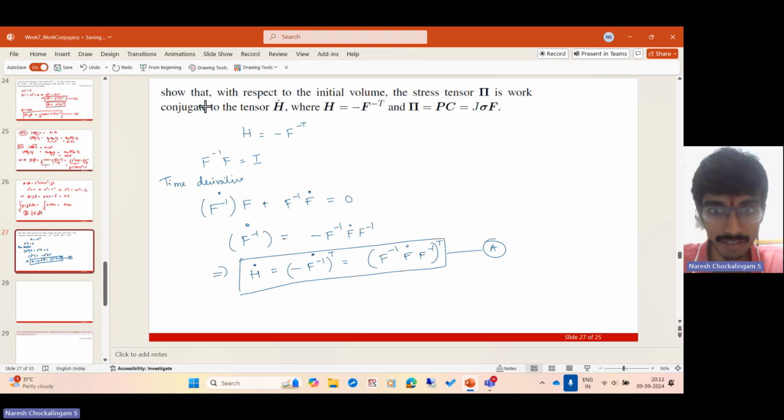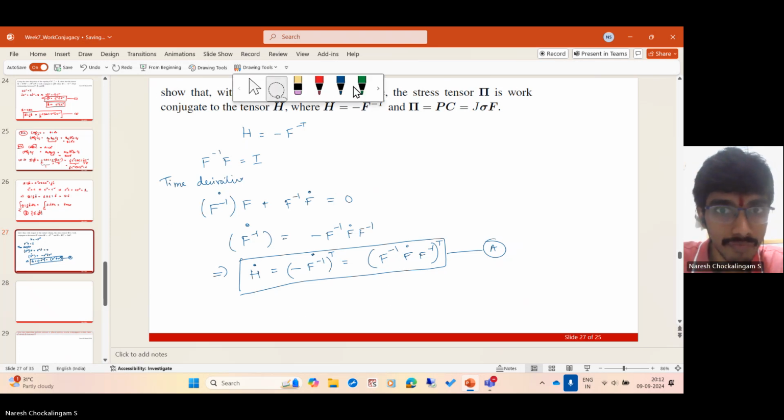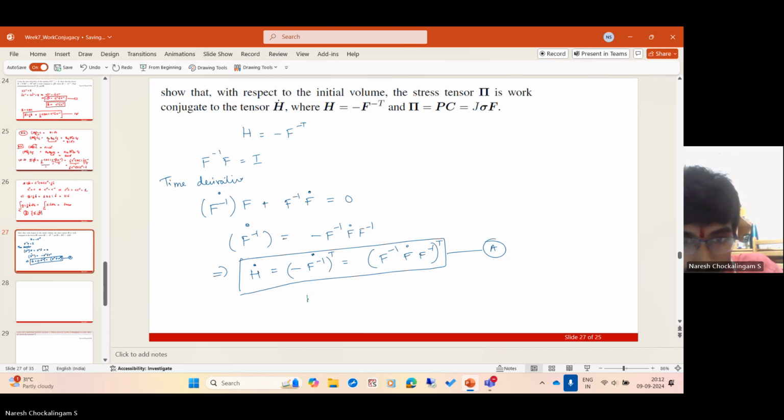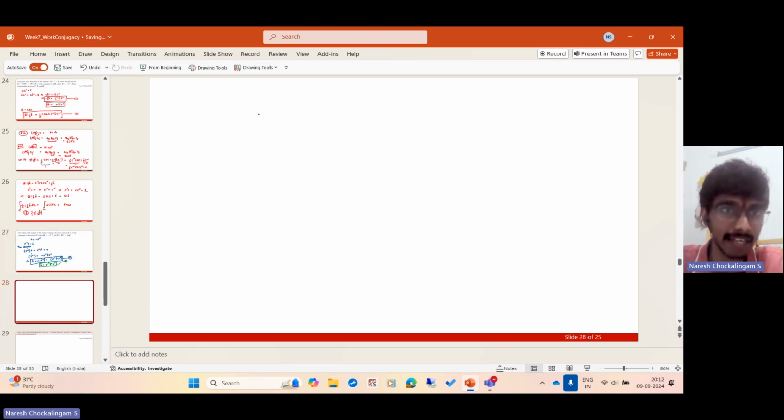So H is F inverse, and H dot is F inverse transpose F dot transpose F inverse transpose. So this is actually A. Finally, what do we have?